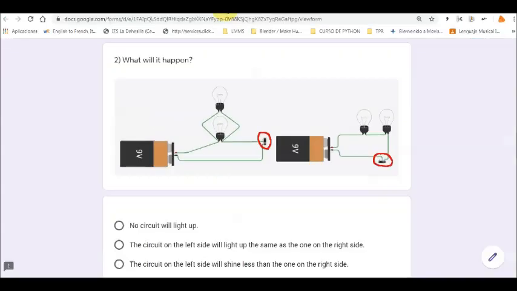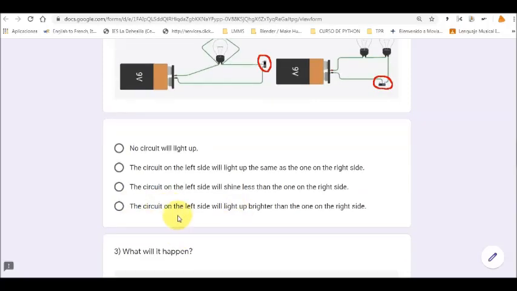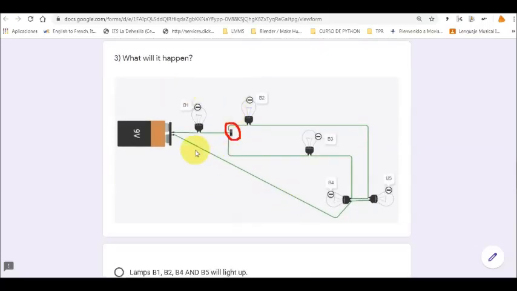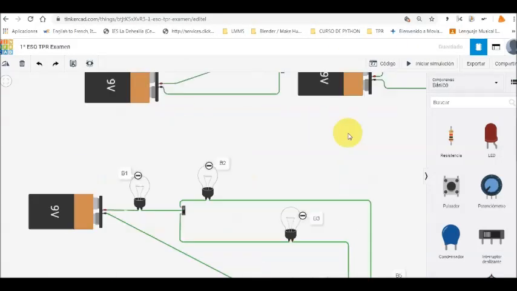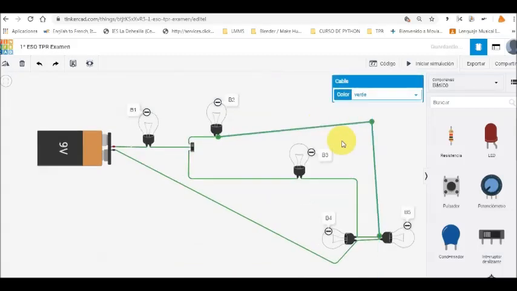Okay, so let's go back to the exam. So in this situation, the circuit on the left side will light up brighter than the other one. So that's the right answer. And the next circuit, which is this one, I'm going to stop the simulation again.